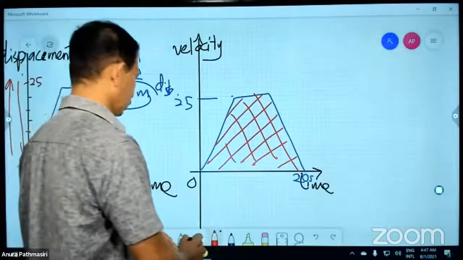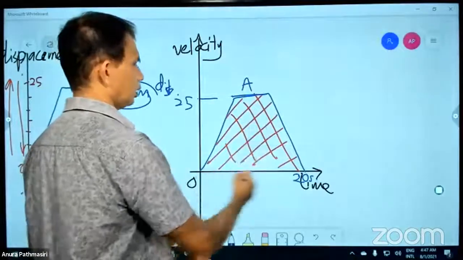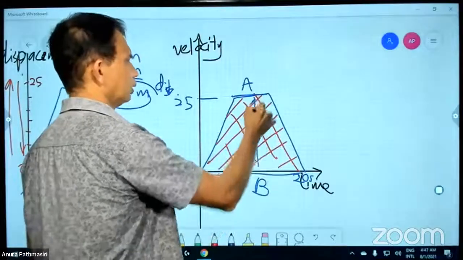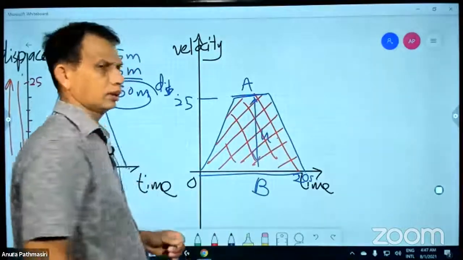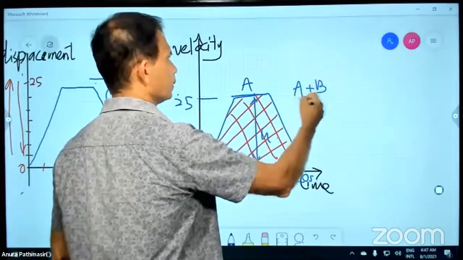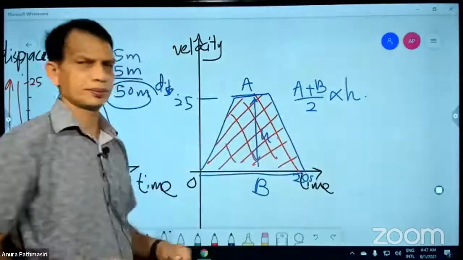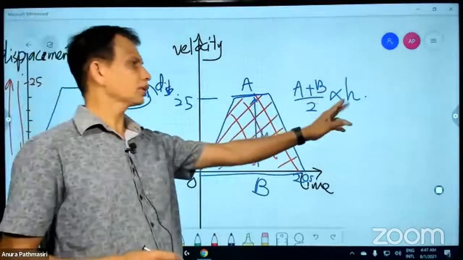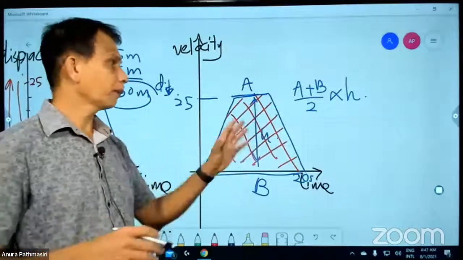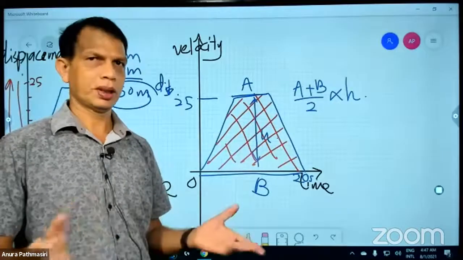If this length is A and this length is B, and the height is H, the distance can be calculated as (A plus B) divided by 2 multiplied by H.